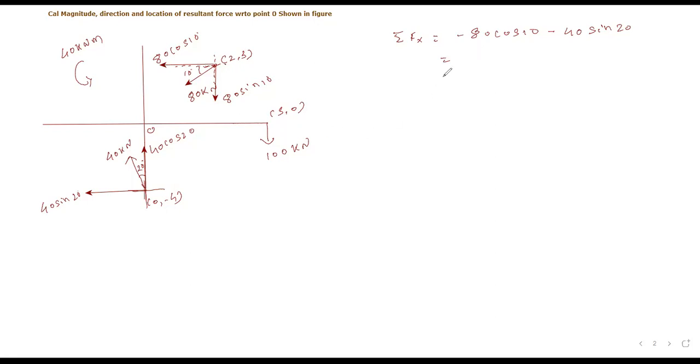Okay, minus 92.46 is coming, check. 92.46 kilonewton.